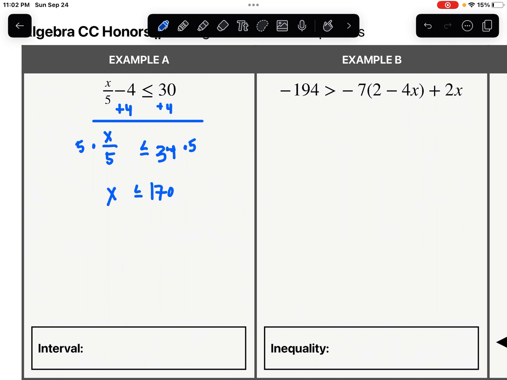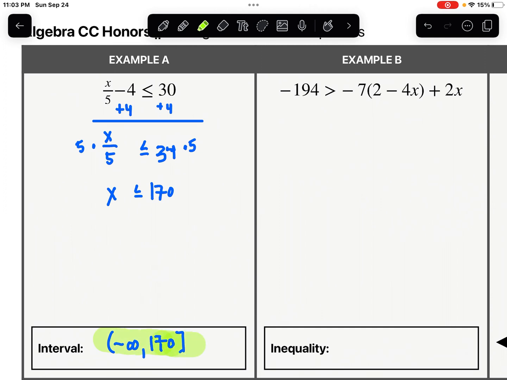You'll notice though, when you go down to the bottom to write your final answer, it might ask you for a different representation. In this case, we want to show all of the numbers less than or equal to 170, but we want to do it using interval notation. So that means that we could have any value from negative infinity all the way up to 170, inclusive on 170, and that will be our final solution.